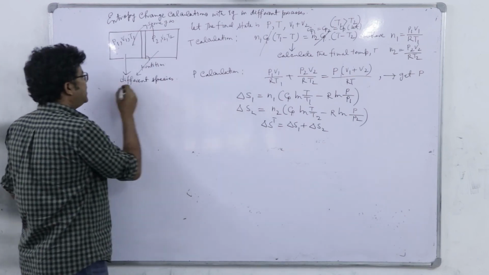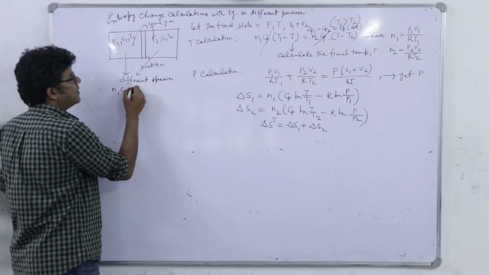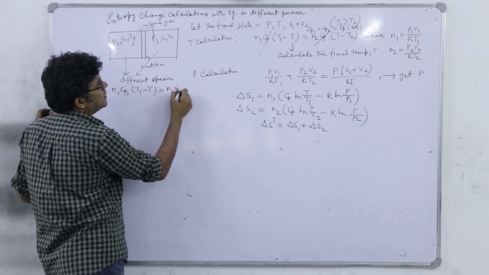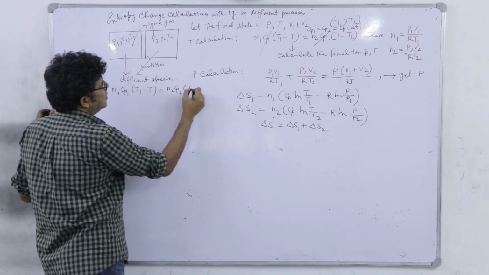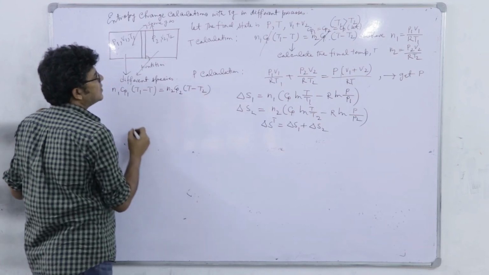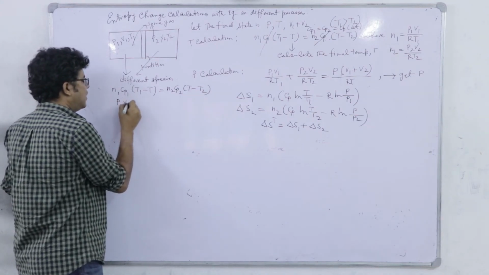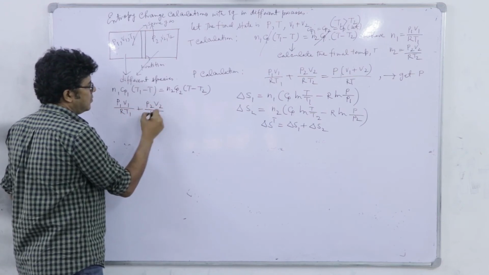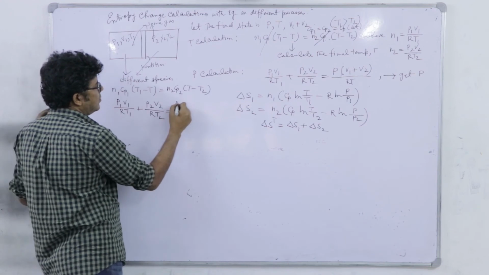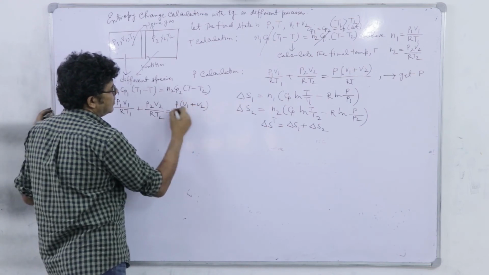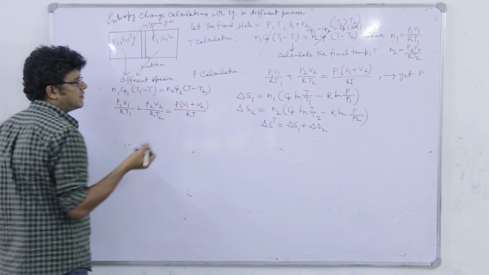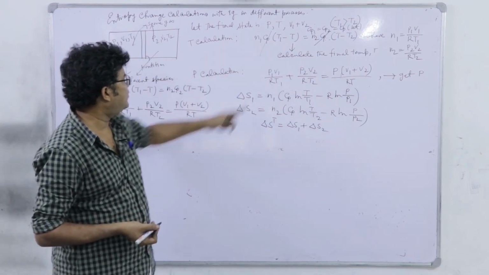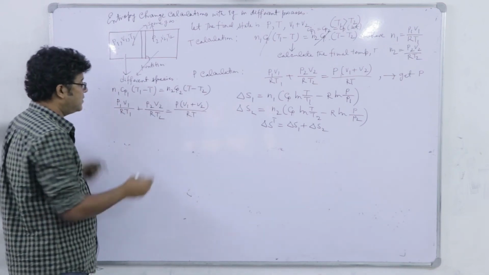So for the T calculation, simply the Cp1 and Cp2 will be different: N1 Cp1 (T1 minus T) is equal to N2 Cp2 (T minus T2). The pressure calculation will also be the same. So temperature and pressure we can obtain by more or less the same equation, only here the Cp has been eliminated in the earlier case, but here we have to consider it.